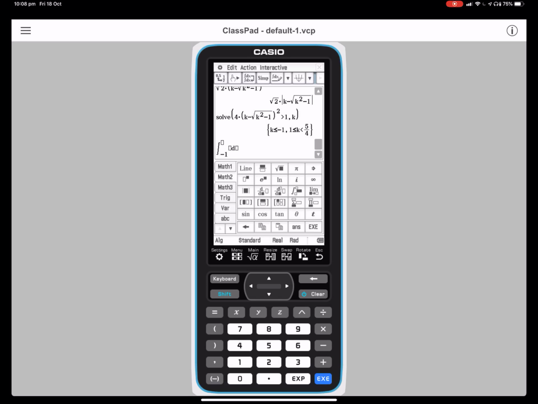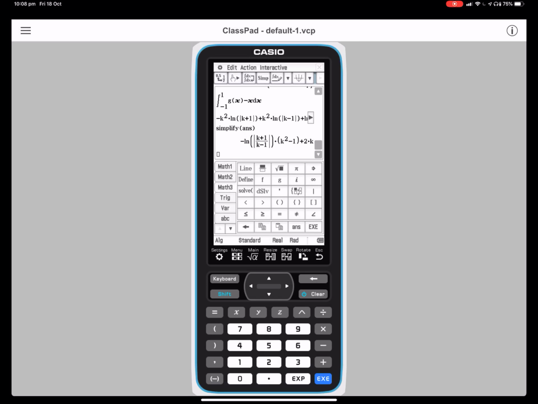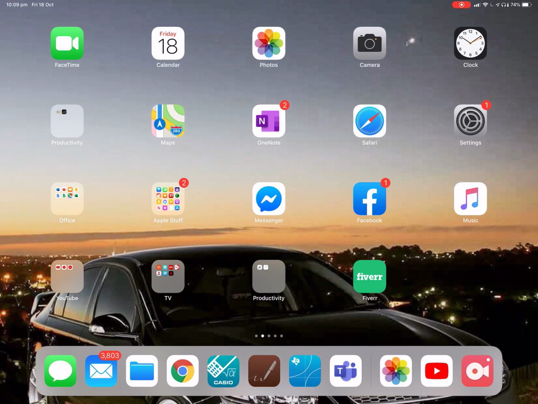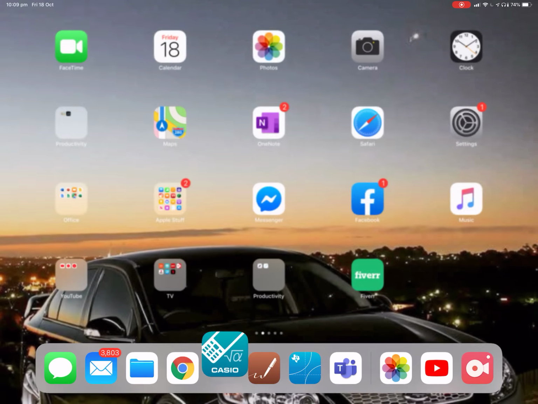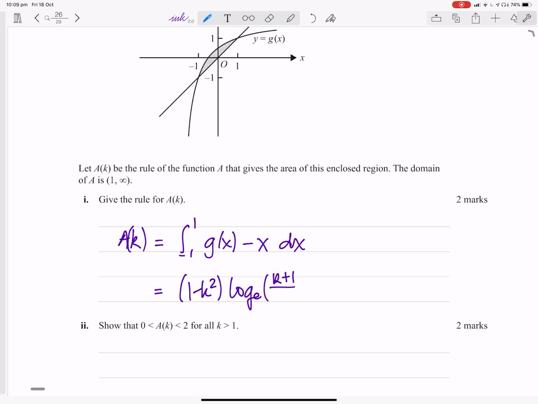So it's 1 minus k squared times log e of (k plus 1) on (k minus 1), plus 2k.